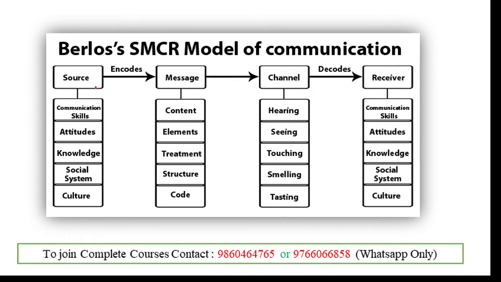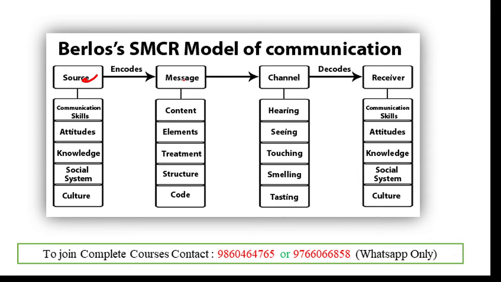In the source, you can see communication skills, attitudes, knowledge, social system, and culture. These are the components that influence the source. Then message: content, elements, treatment, structure, and code. So you can easily recall the components.